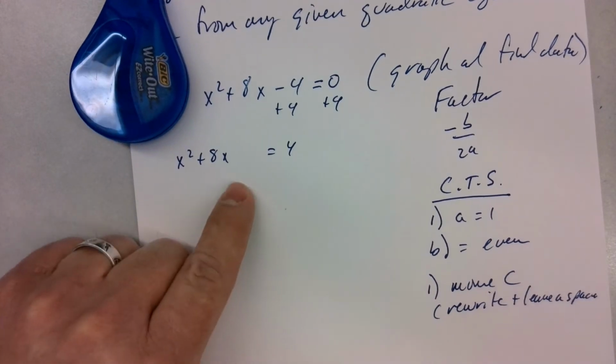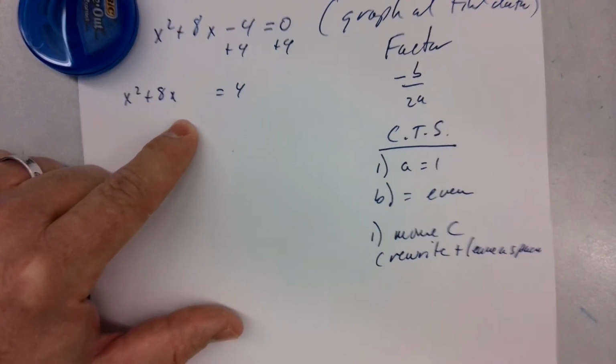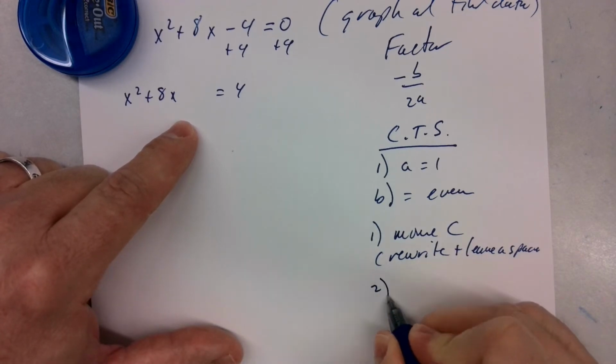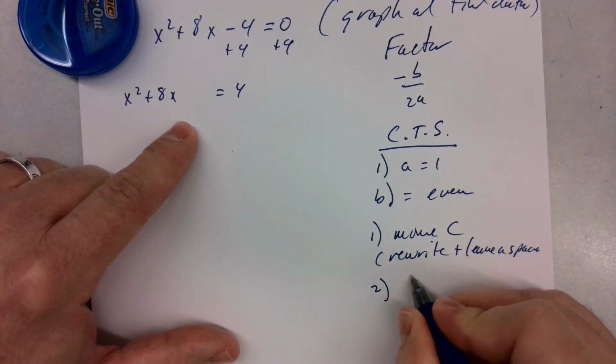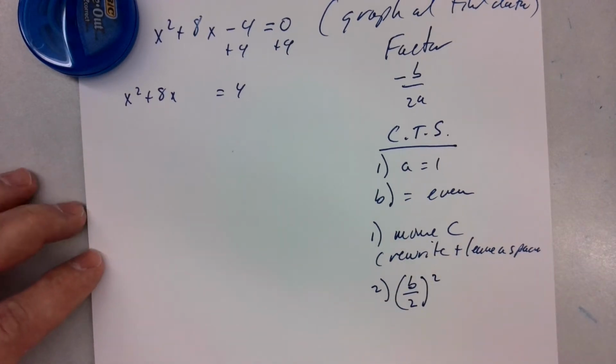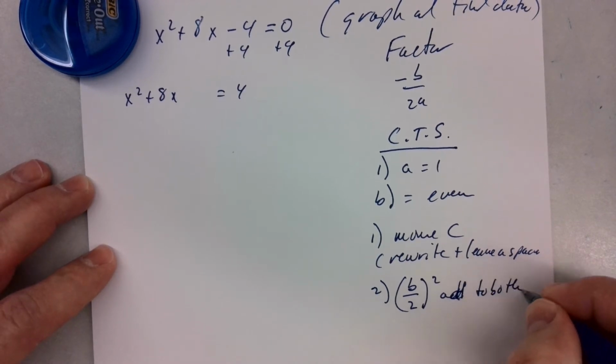Now, why do you think I left a space right there? Yeah, I'm going to put something in there. Okay? Now, step 2 is going to be to take my b, divide it by 2, and square it. And then I'm going to add that to both sides.